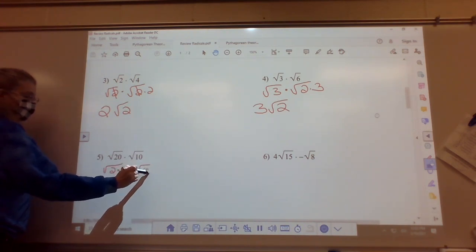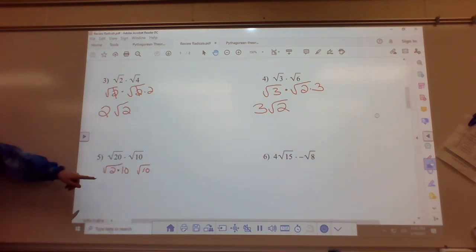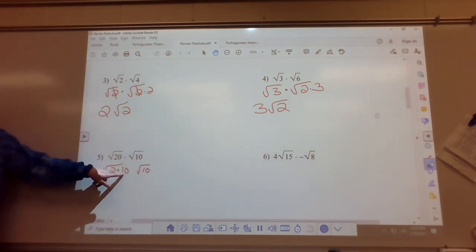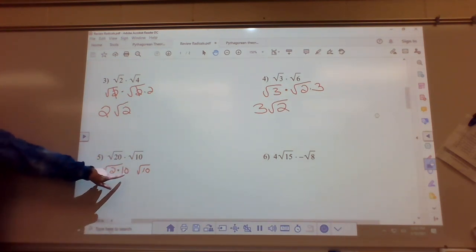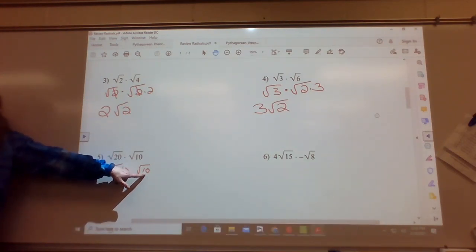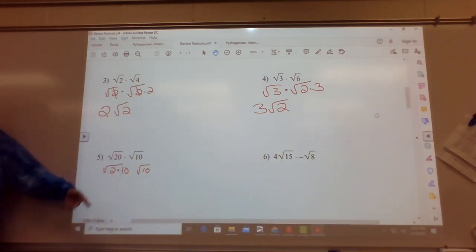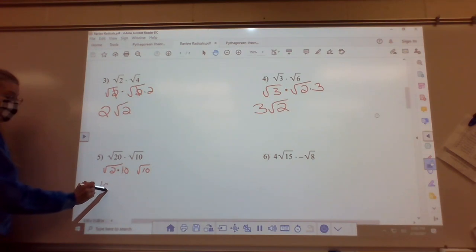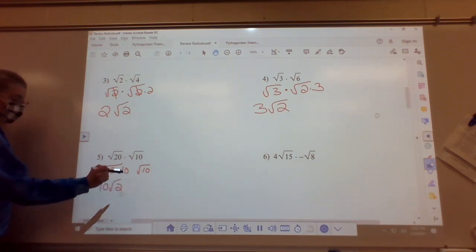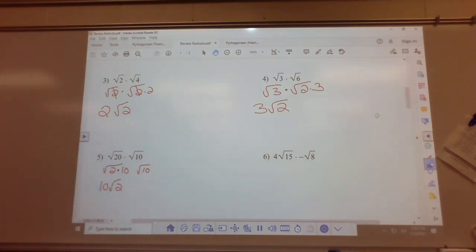Because this broke down as 2 and 10, I already had a 10, I can just leave it there. Now, if that wasn't the case, this 10 I would have broken down again into 2 and 5. But I already had a pair. So therefore, 10 had a partner. 2 didn't, so it stayed in. So 10 radical 2.